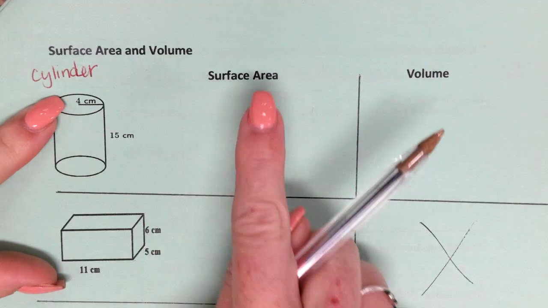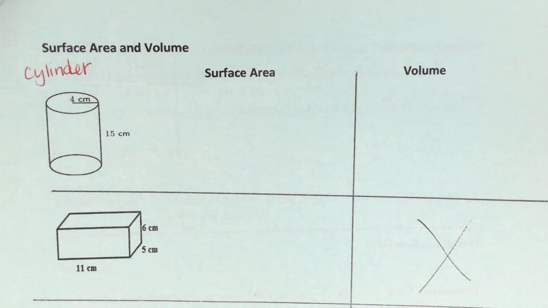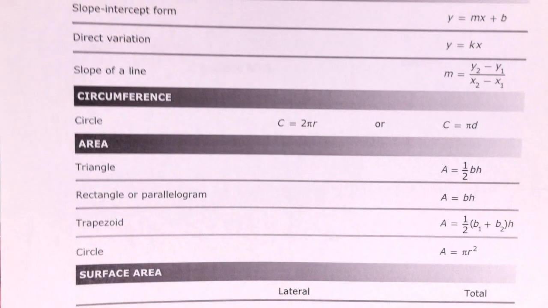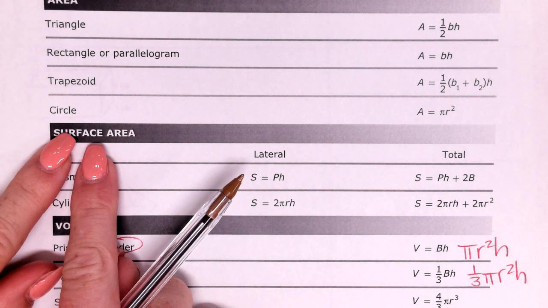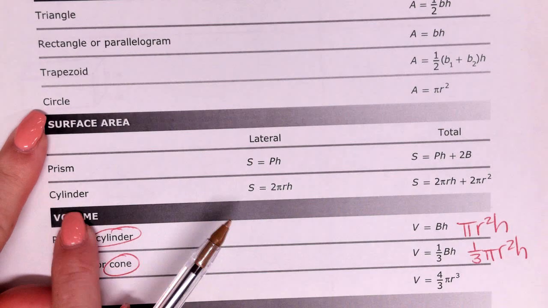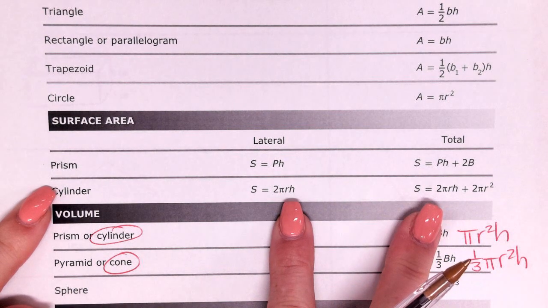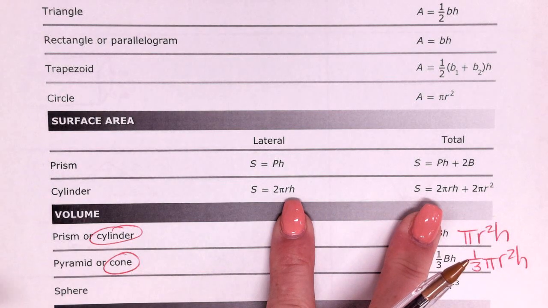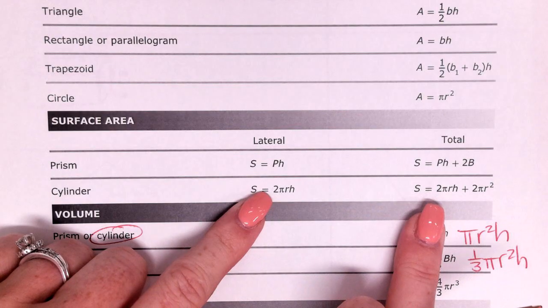For a cylinder, how would you find surface area? Where are you going to go? So I go to my star chart and I find the word surface area. Which shape do I want? There are two formulas. You have to read the question. Do they want lateral or do they want total?